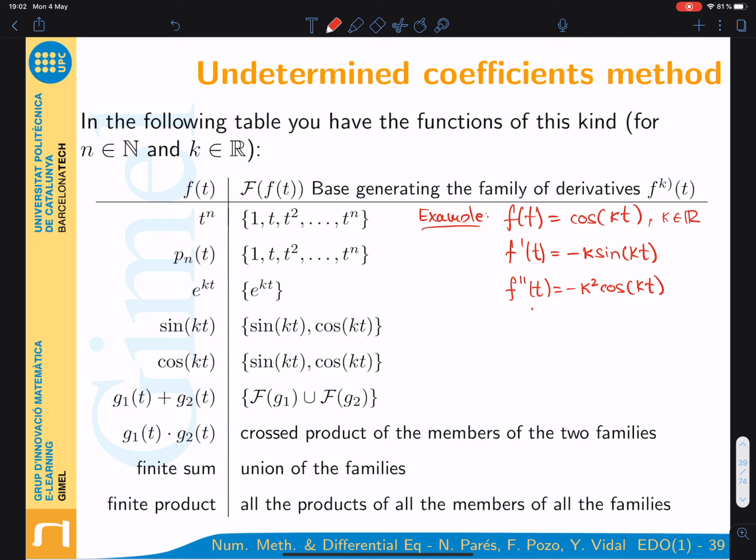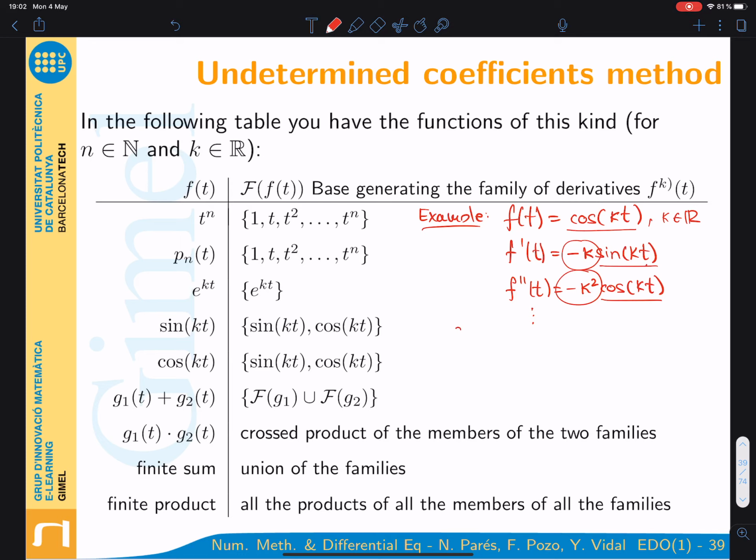And I could go on, but basically what we can see here is that the functions that appear are the cosine and the sine functions alternatively. And yes, there's a constant factor in front of them, but this is just a constant value. It doesn't depend on t.